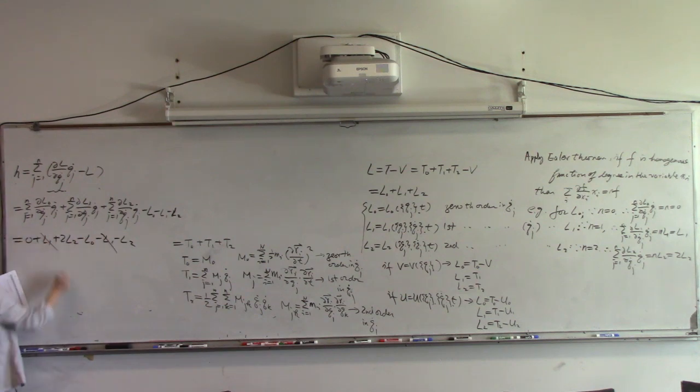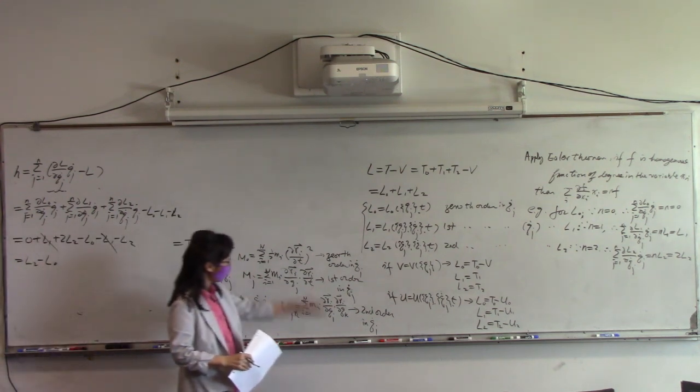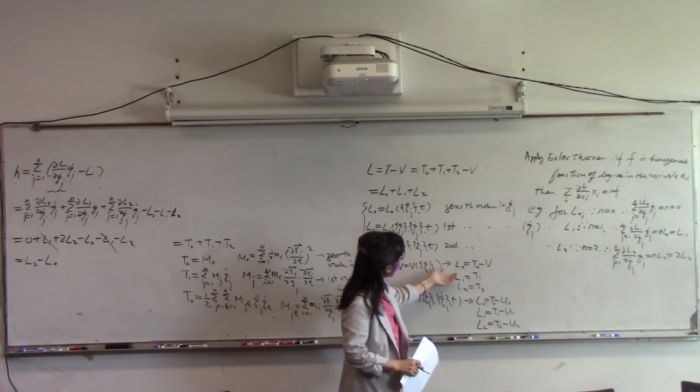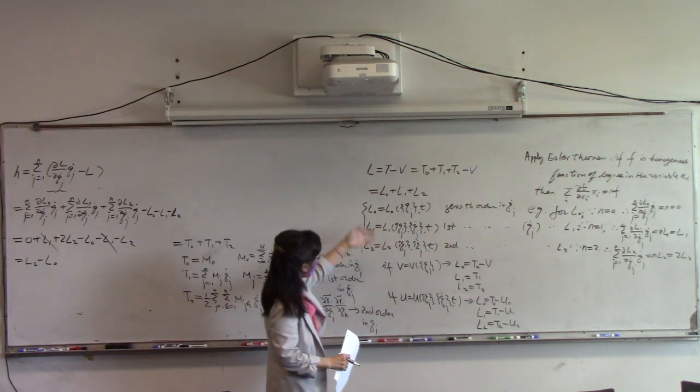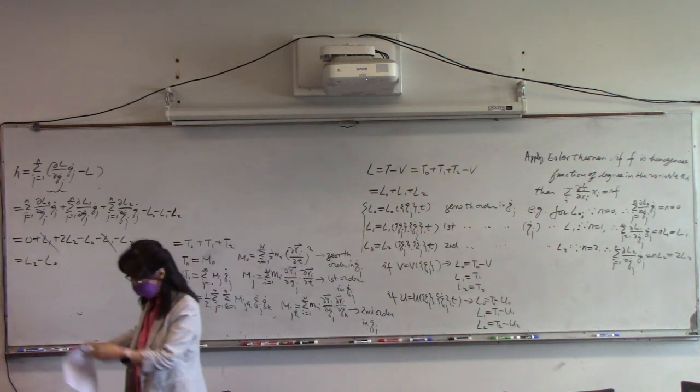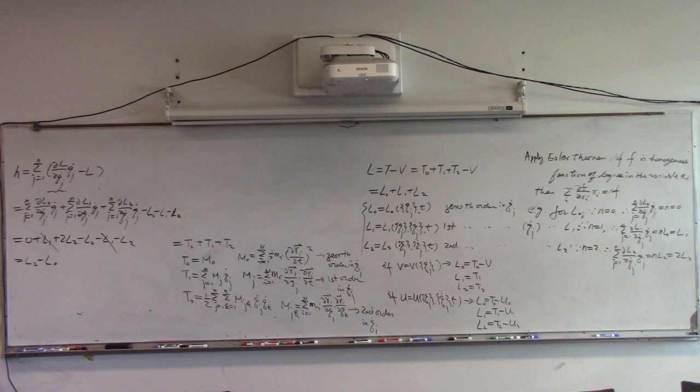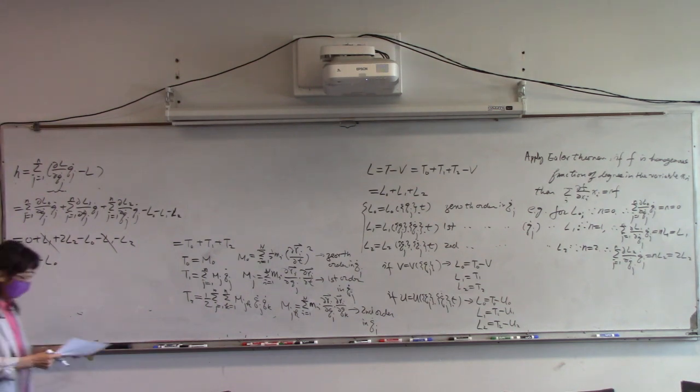So the L1 cancels. Therefore, we have 2 L2 minus L2, so it is L2 minus L0. In this case, we didn't discuss any conditions in detail. We just separated this Lagrangian in terms of the generalized velocity: zeroth order, first order, second order. So the h is here. Okay. Now we can discuss.